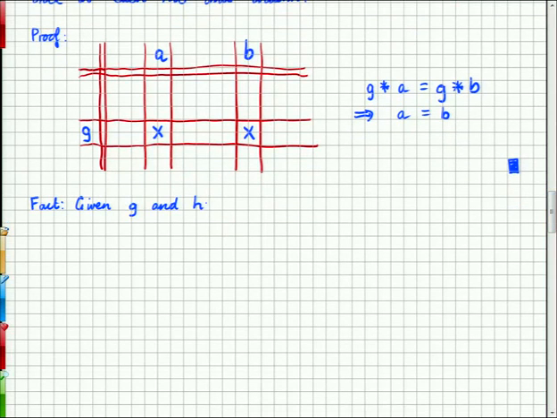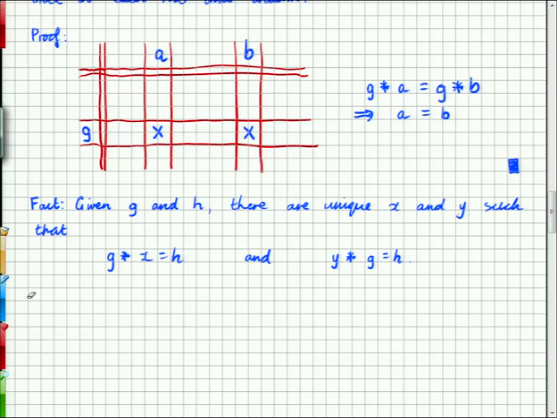So given G and H, there are unique X and Y such that G star X equals H and Y star G equals H. Okay, so how would you find the X?